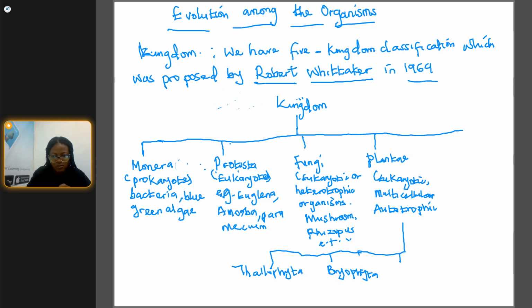And we have the Spermatophyta. Anything phyta means plants. So all these four classes are under Plantae.